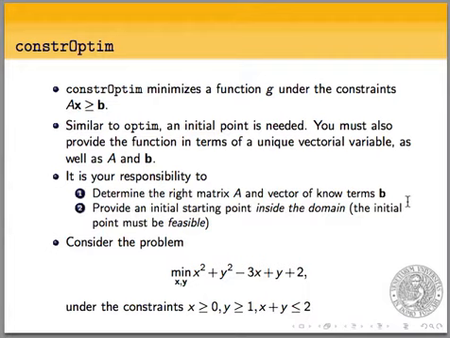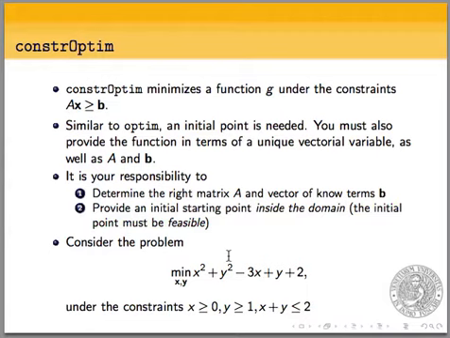You have to guess an initial starting point for the optimization process, but in this case, the initial starting point must be inside your domain. Technically, we say that the initial point must be feasible. Sometimes you need some care in order to find an initial starting point, but usually this can be guessed, especially if you are able to draw a graph.